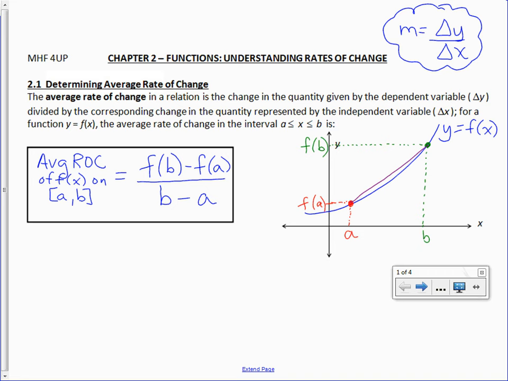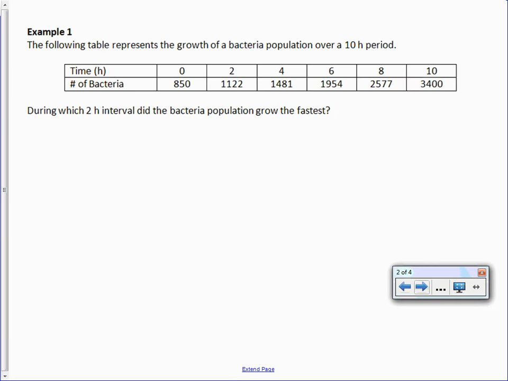The only problem is, instead of substituting your x values into a function, they've already given you the y values. There's no f at x that you plug 0 into to get 850. They're already just telling you there's 850. Maybe they don't have a function for this. This is the data they've collected, and you just use that as your information to figure out the rate of change. So sometimes rate of change might be based on a function, sometimes it might be based on numerical data. So let's do it.